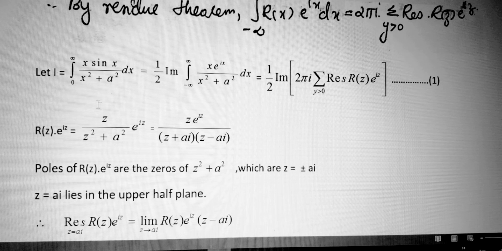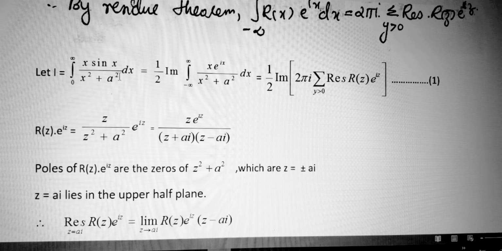Now let I equal the given integral 0 to infinity x sin x by x square plus a square dx. Now x sin x is the imaginary part of x e raised to ix.